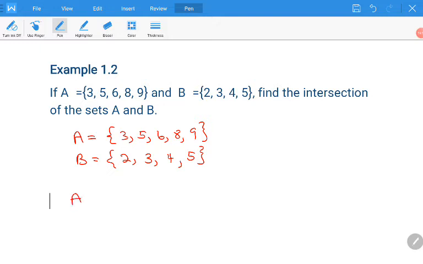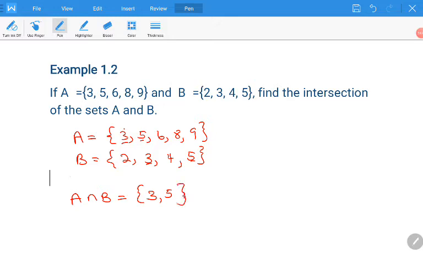So A intersection B is equal to, we will notice that 3 is common in A and in B. And as well 5 is common in A and B. And there is no other element which is common in both sets.